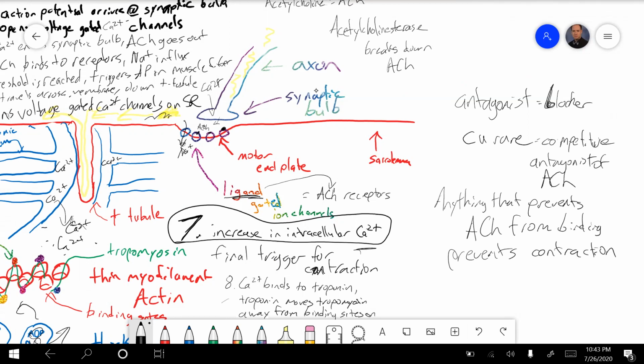So add a little curare, what you get is paralysis. Now add a lot, you'll make whatever it is that got your curare dose stop breathing. That's good stuff. It's a reversible antagonist. It'll go away after a while.